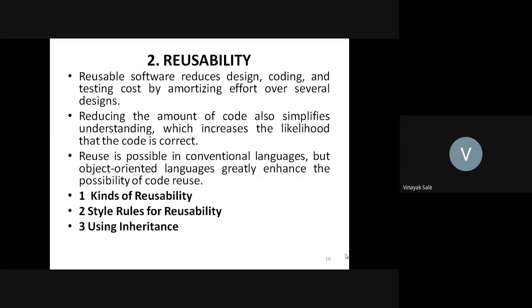Reuse is possible in conventional languages, but object-oriented languages greatly enhance the possibility of code reuse. Reusability has three parts: kinds of reusability, style rules for reusability, and using inheritance.